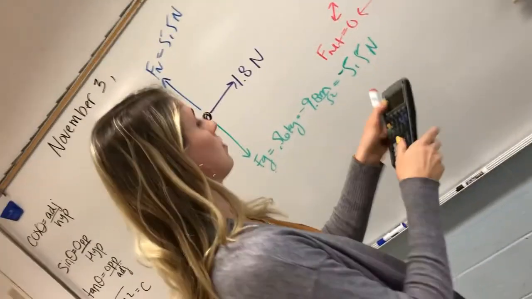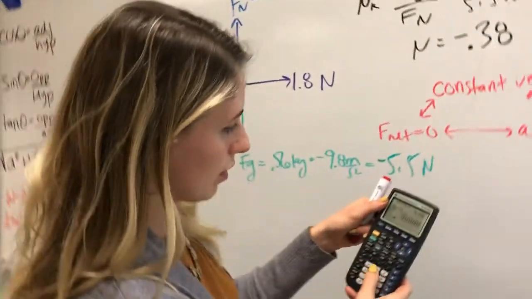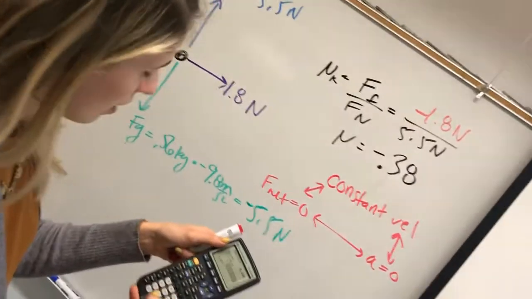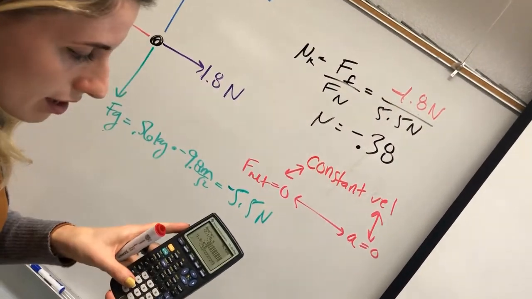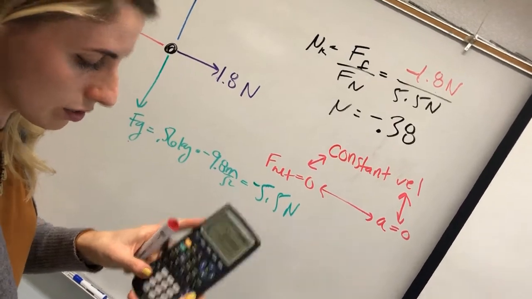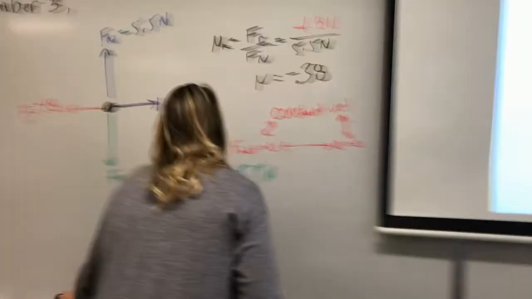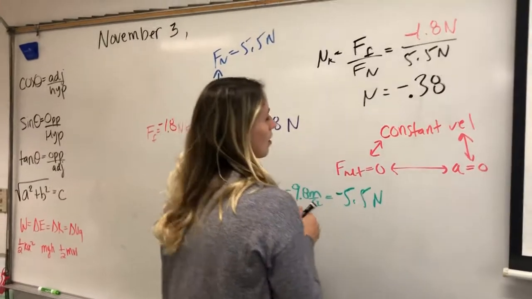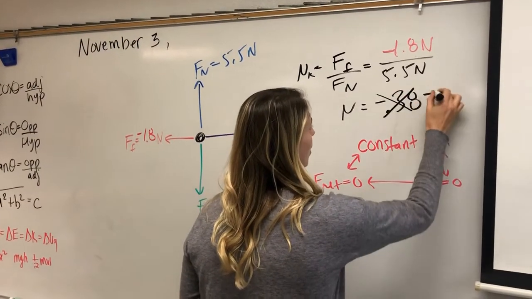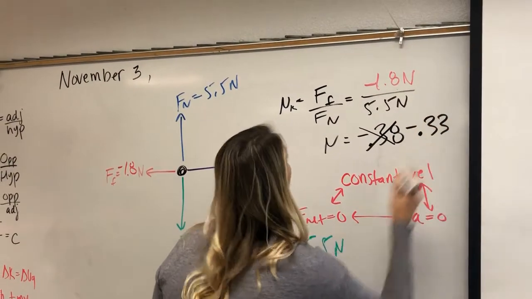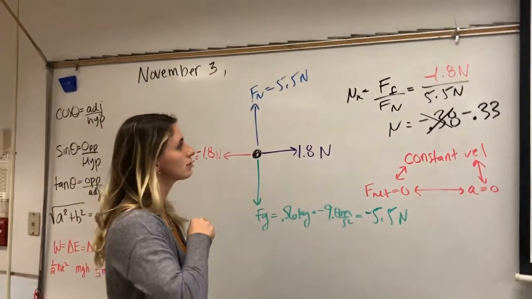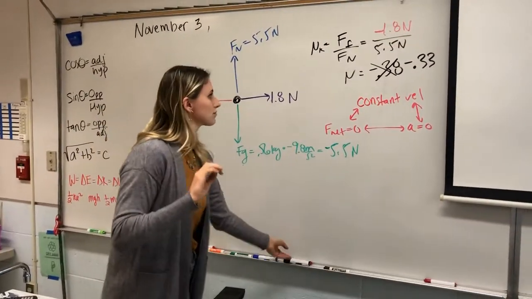Okay, let's do it. Negative 1.8 divided by 5.5, and I get negative 0.33. And that makes sense. We have a smaller coefficient of friction because it's not static, it's now kinetic. Boom. It's already moving. Well done.